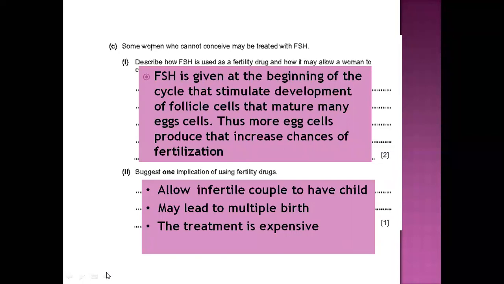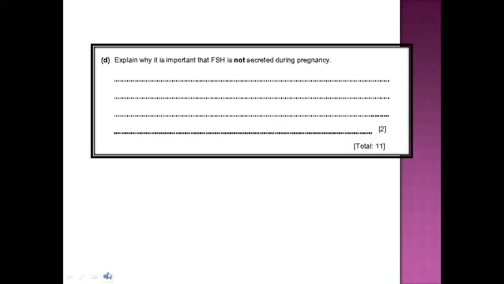All right, now explain why it is important that follicle stimulating hormone is not secreted during pregnancy. So again, same question: why it should not be secreted during pregnancy. Remember, we should be clear about follicle stimulating hormone.